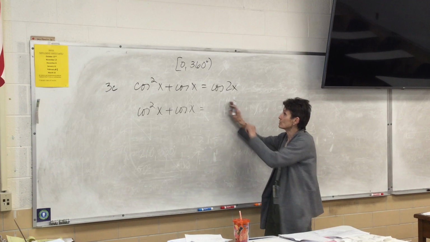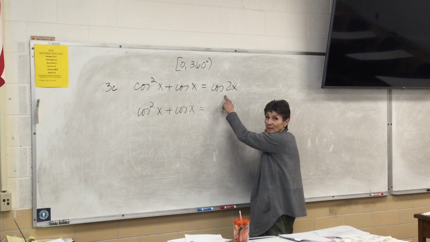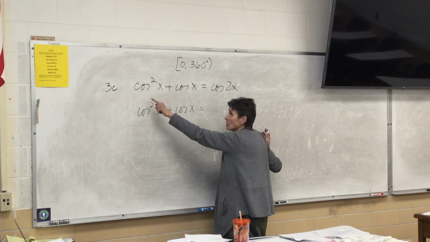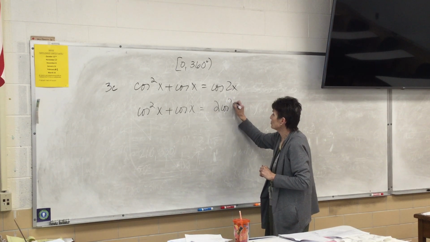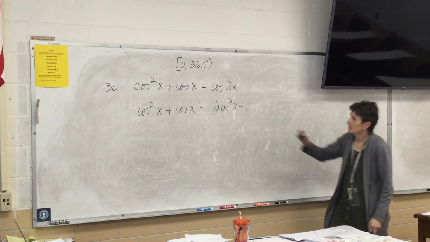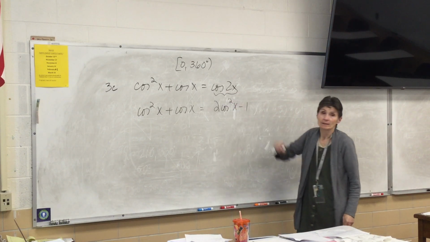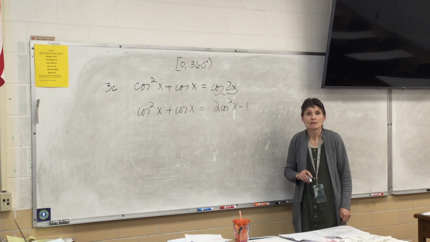I'm going to choose the version of this formula that has only cosines because that's all I've got in the rest of the problem. So that version is 2 cosine squared minus 1. One of the formulas for cosine 2x is 2 cosine squared minus 1.